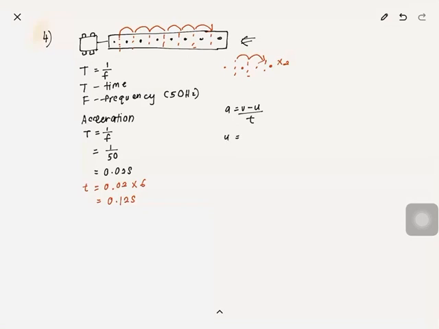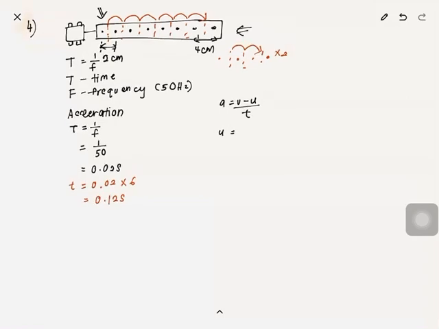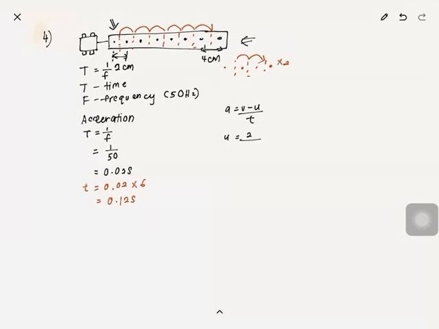So we can start by finding the initial velocity, which is u, and u in this case is the beginning here. And sorry, I forgot to label this, but the distance between the first one is 2 cm, and the distance for the last one is 4 cm.